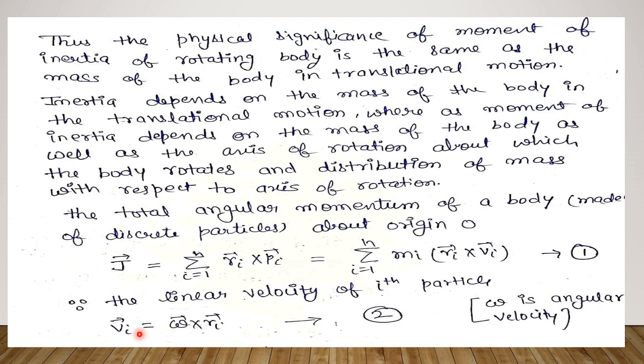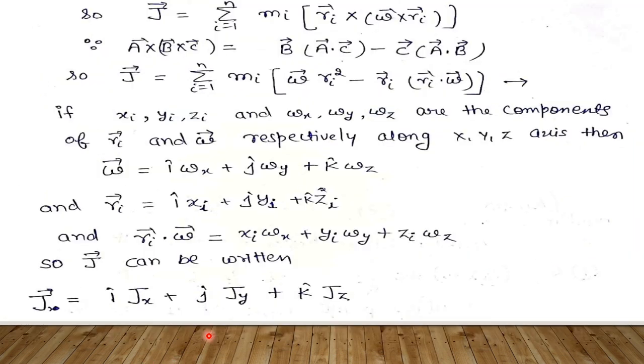By putting the value of v_i equals omega cross r_i here, what do we get? J equals m_i r_i cross (omega cross r_i) in place of v_i. Now, according to the vector identity, a cross (b cross c) equals b (a dot c) minus c (a dot b).